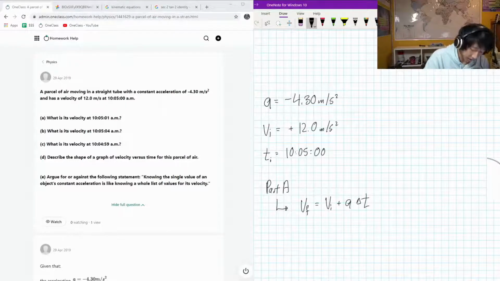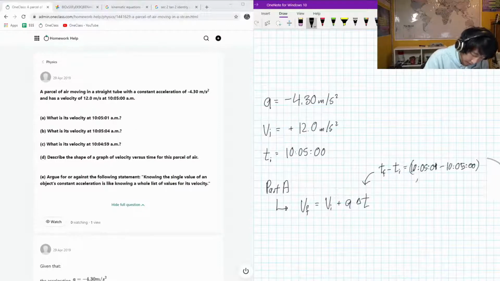Our delta T in this case is going to be TF minus TI, which is 10:05:01 minus 10:05:00, 1 second.